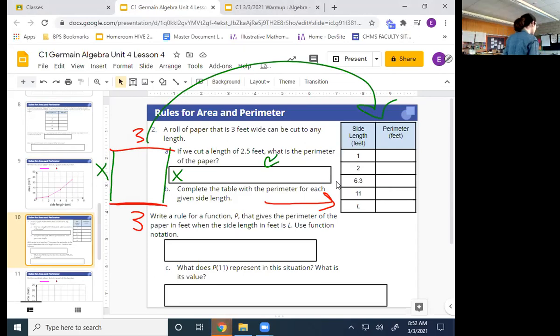Let's do that. Okay, so to find the perimeter, what is our formula for finding perimeter? Let's take it one step back. What's the formula for finding perimeter? Good, nice, Gabe. The formula for perimeter is 2L plus 2W, right?